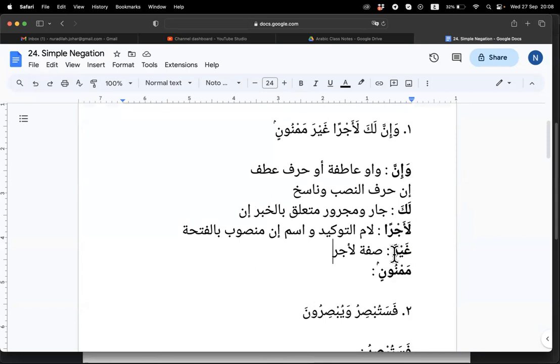Even though it's light and this is heavy, it doesn't matter. It's still both nasab. So yes, it can be a sifa of ajran. And of course, this is mansub bil fathah. And then mamnunin, this one I believe is mudafun ilaih. Yes, good.